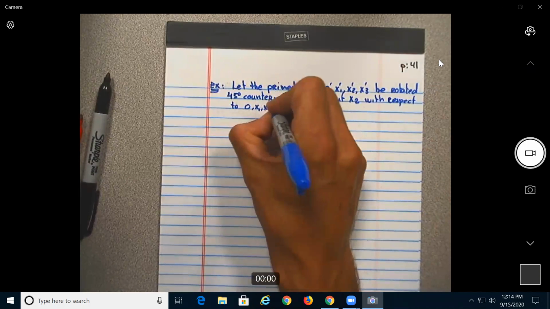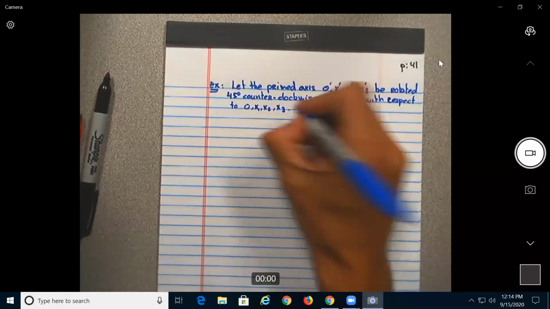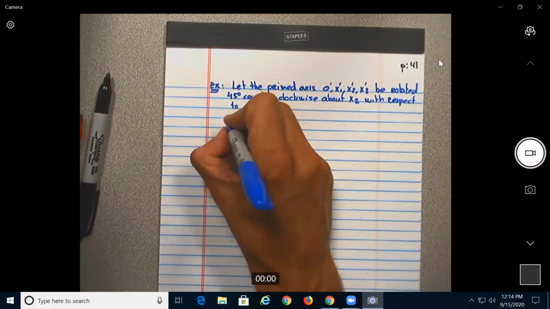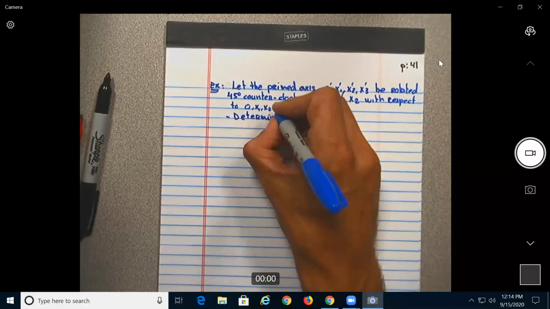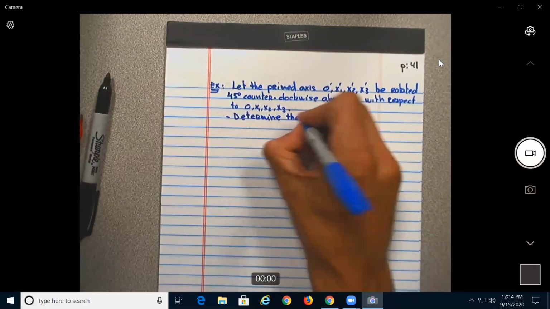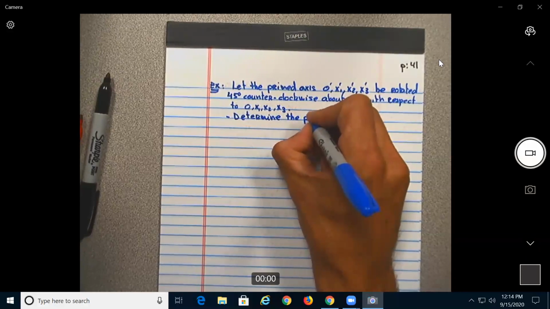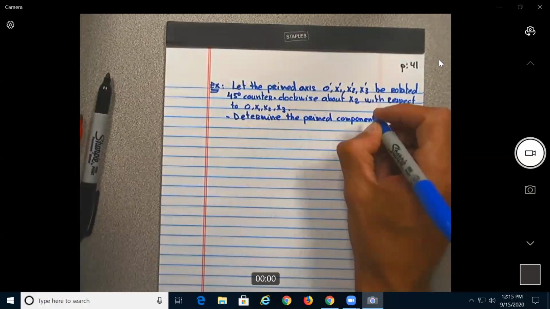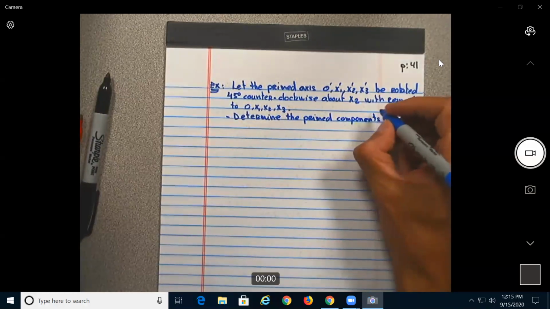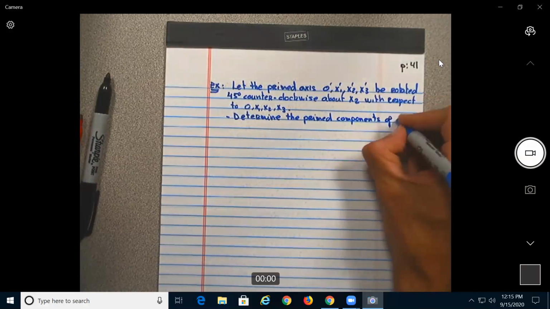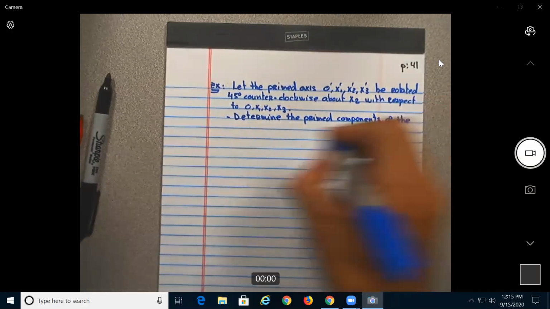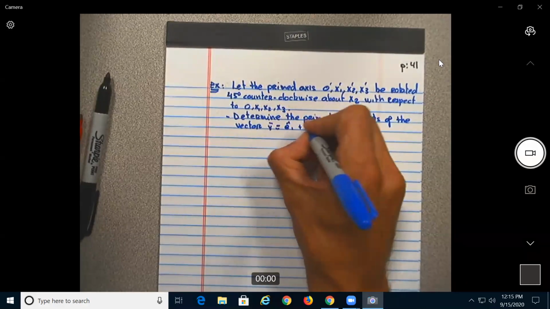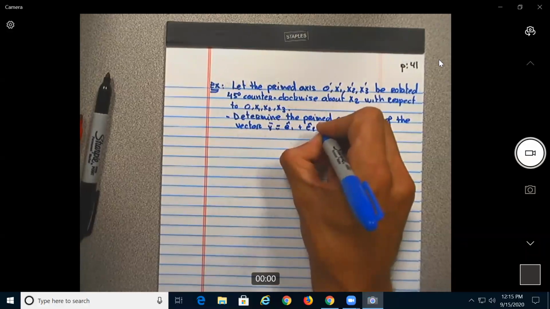I mean, this is very simple. We need to determine the prime components of the vector v equal e1 plus e2 plus e3.